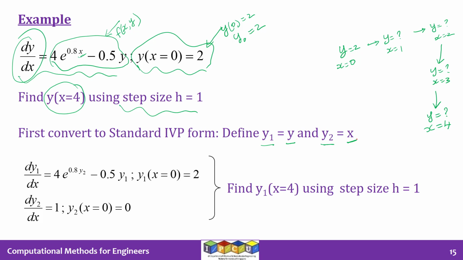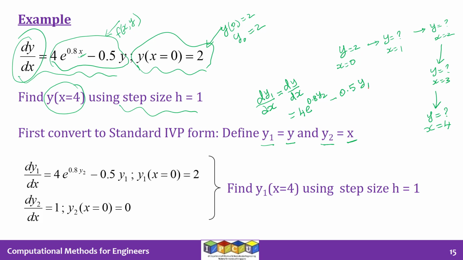So given this, what is dy1 by dx? Because y1 is equal to y, dy1 by dx is dy by dx. And dy by dx is 4 e to the power of 0.8 x, and instead of x, we have to use the symbol y2, minus 0.5 y, and y is nothing but y1.